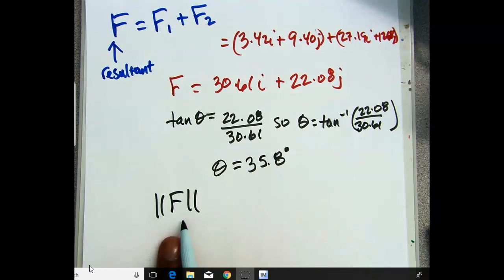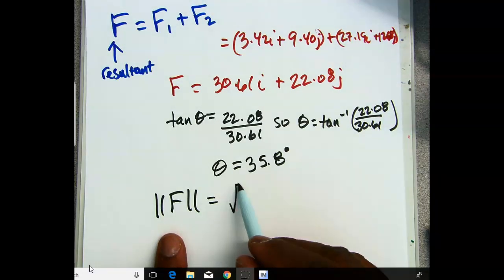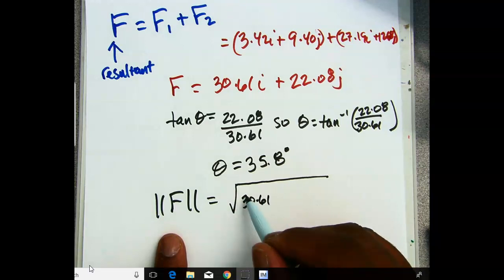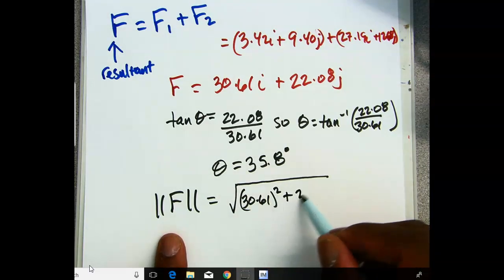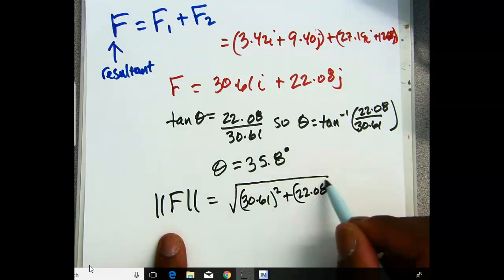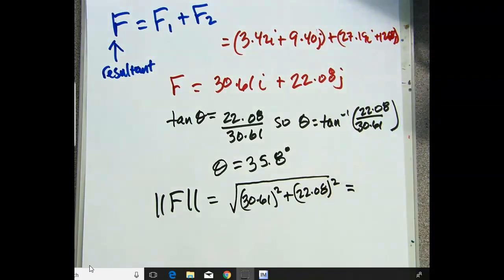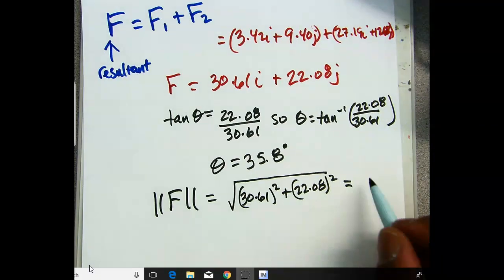We need the magnitude of the resultant force. That's just the square root of a squared plus b squared, so the square root of 30.61 squared plus 22.08 squared. Evaluating that, we get 37.74.